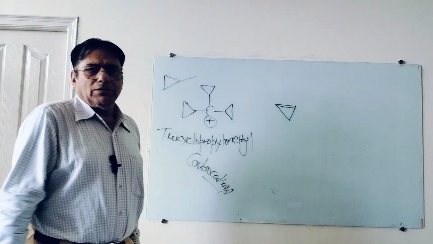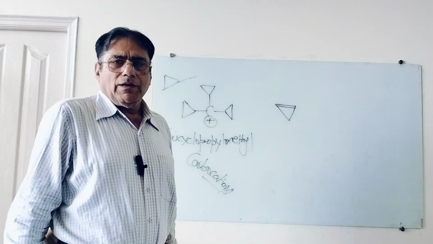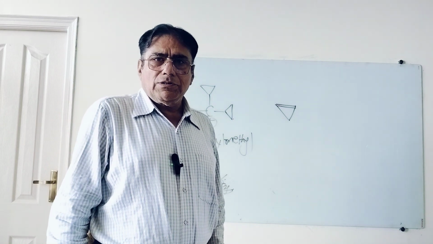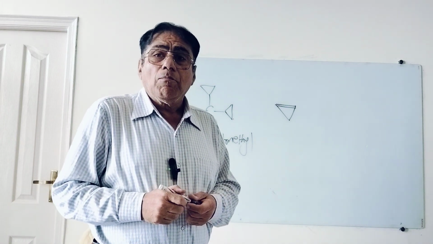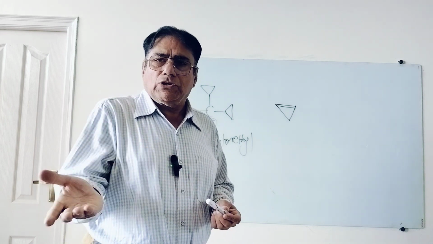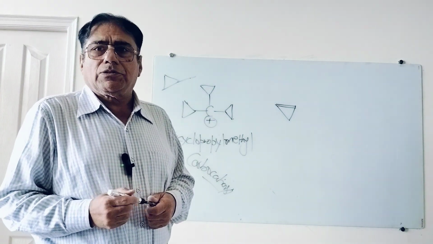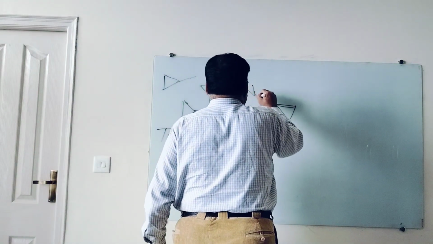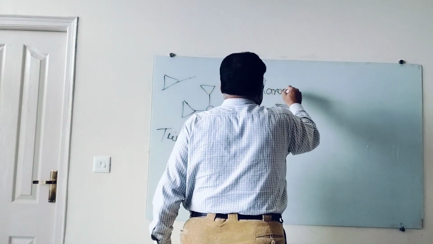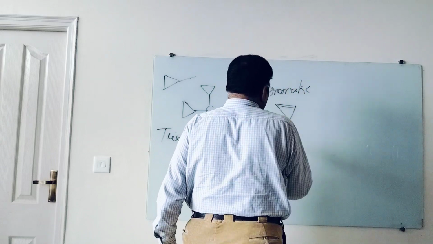What is this compound? Cyclopropene. There are two pi electrons. It should be aromatic. Why? Because 4n plus 2, n is equal to 0, 2 pi electrons. But this is not aromatic. This is non-aromatic. Why?